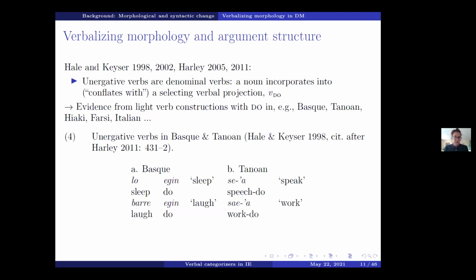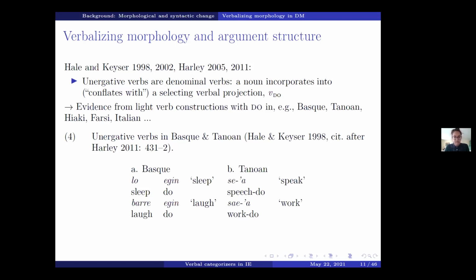So in mainstream generative approaches to argument structure, there's another idea of how verbalizing morphology relates to argument structure, going back to a very influential proposal by Hale and Keyser, which says that unergative verbs are essentially denominal verbs. So unergative, intransitive verbs are verbs where a noun incorporates into a selecting verbal projection, little v do.